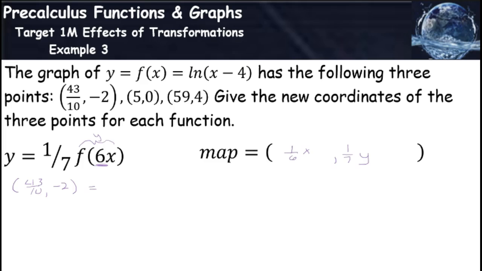So I have 1/6 times 43/10. That way we don't have that weird fraction over fraction thing. And up here I have 1/6 times 43/10. Whoops, no equal sign here. I need my comma. And then it looks like 1/7 times -2 over 1.